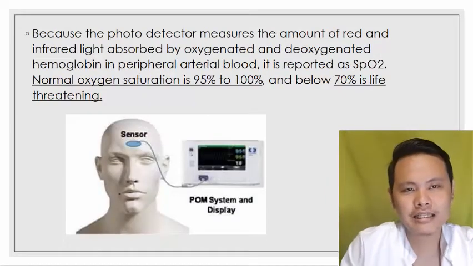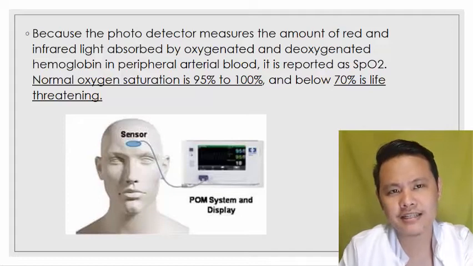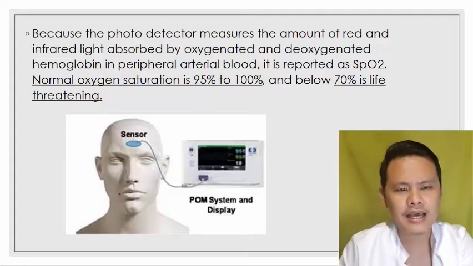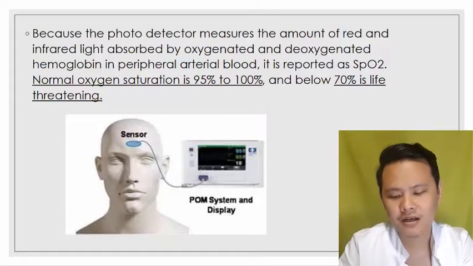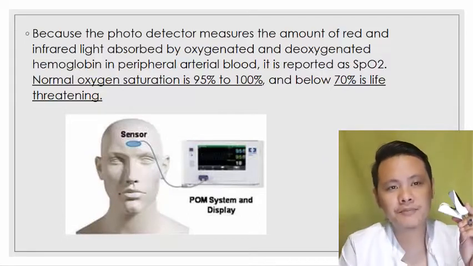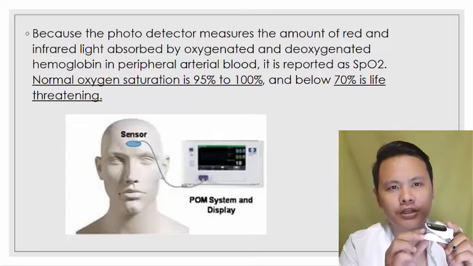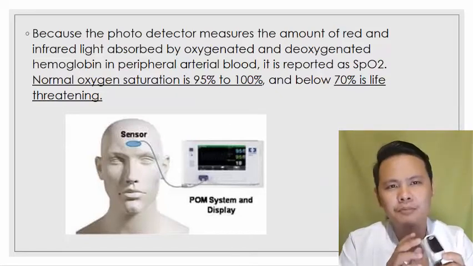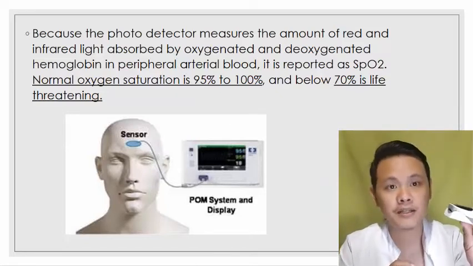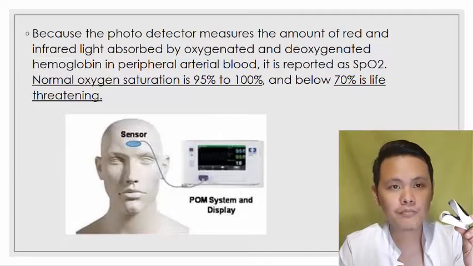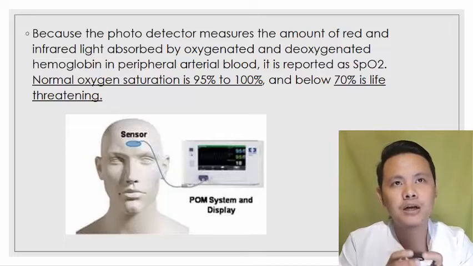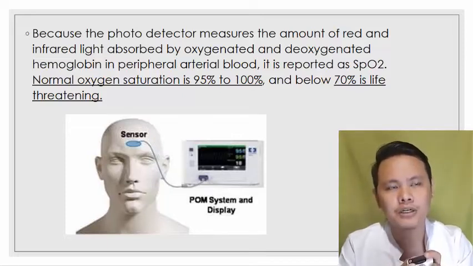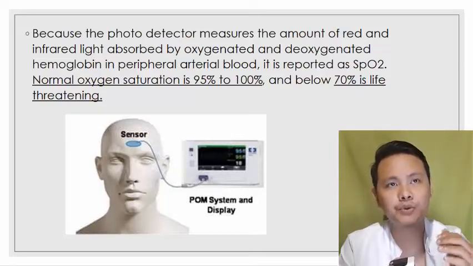What else? The normal oxygen saturation is 95 to 100%. And 70% is considered as life-threatening. Be informed lang, pagka bibili kayo ng pulse oximeter, be sure na babasahin niyo yung manual because most of the pulse oximeters, especially the cordless and the fingertip pulse oximeter, can only measure 90% to 100%.